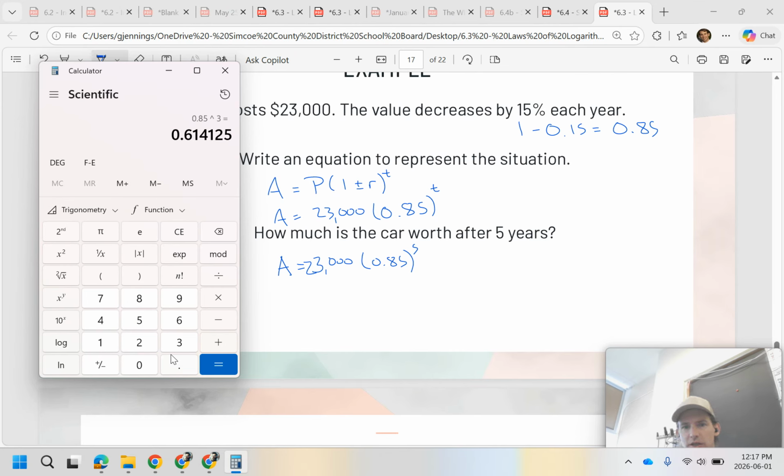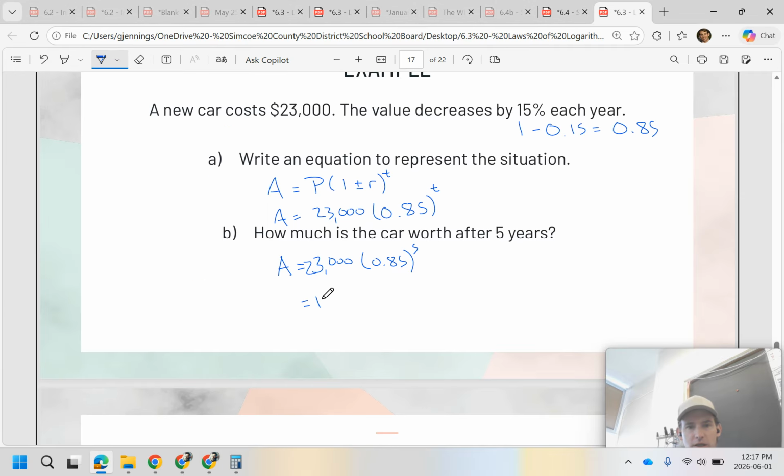So I calculate the exponent first, just to the 5, so that's that, multiplied by 23,000. So it will be worth $10,205 in 5 years.